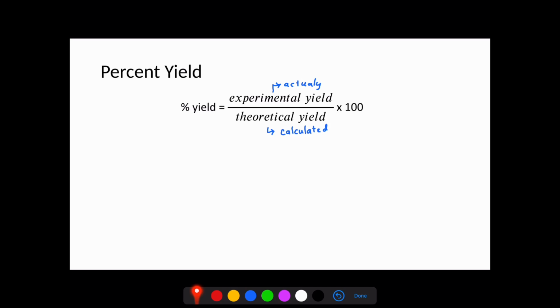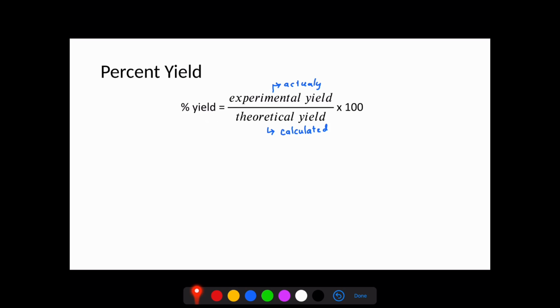Another reason is human error. Sometimes you could lose the product in a filtration step, so you could end up with less than what you predicted. So since experimental is always less than theoretical, this ratio is less than the number 1. And so when you multiply it by 100, the percent yield is always less than 100, okay?